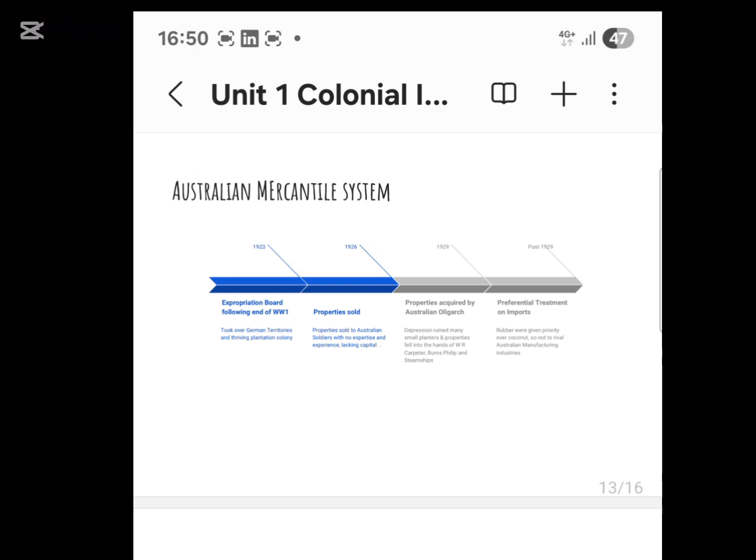Again, what was happening in Papua was now happening in New Guinea. By 1923, the Expropriation Board followed the end of World War I, transferred all authorities and all of German's establishment to the Australians. Okay? So the Australians took over German territories and the thriving plantation economy.